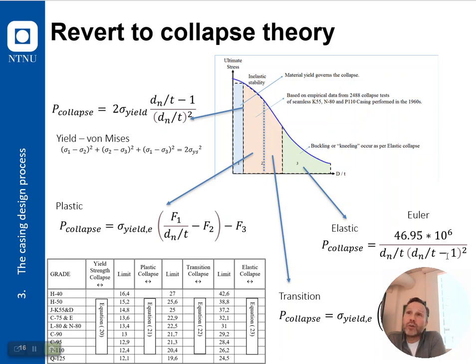That's actually how you calculate the collapse limit for elastic collapse. So once you have decided that my pipe, let's say it's an H40, has a D over T ratio above 43, then it falls into the category elastic collapse, and you can use this formula to find your collapse pressure.